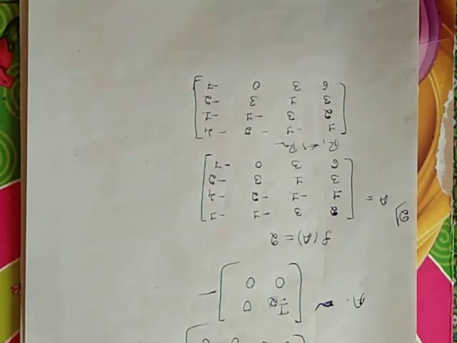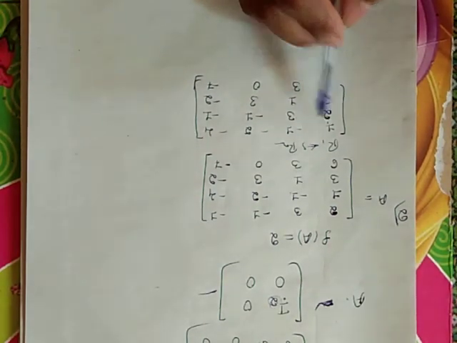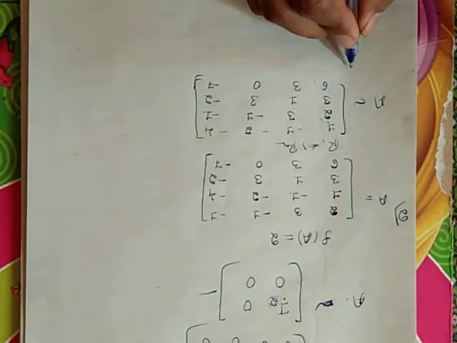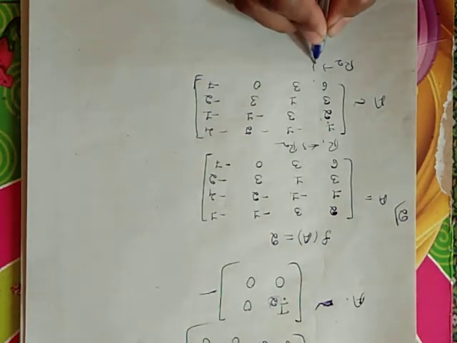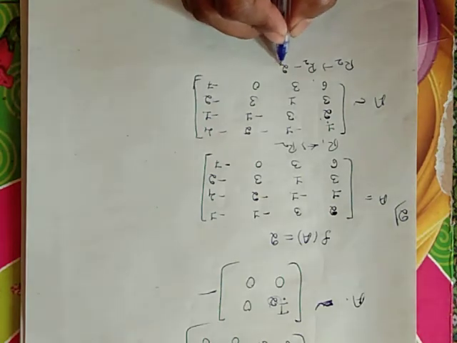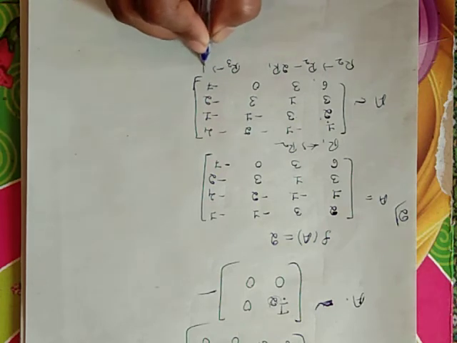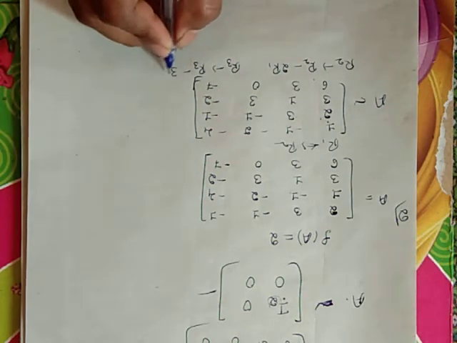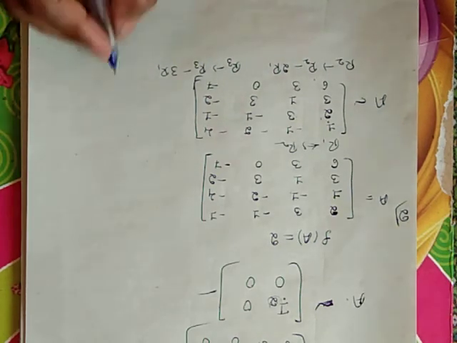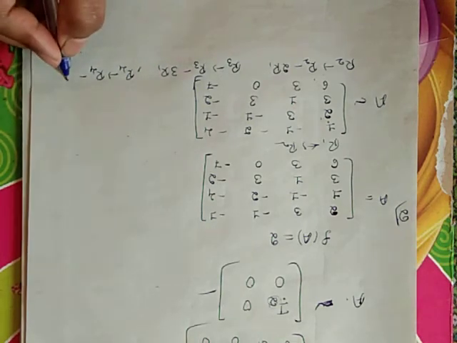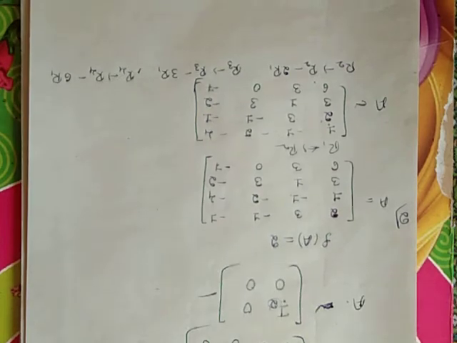So now using the first row first element, make the elements below it 0. Our transformations are R2 tends to R2 minus 2 into R1, R3 tends to R3 minus 3 into R1, R4 tends to R4 minus 6 into R1.